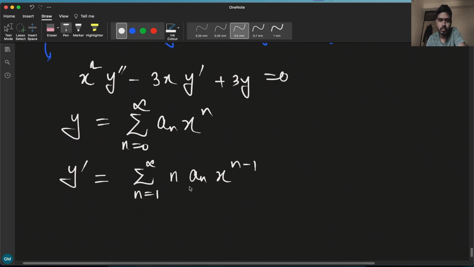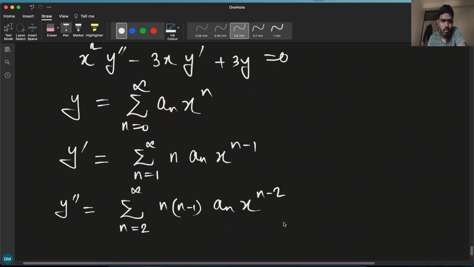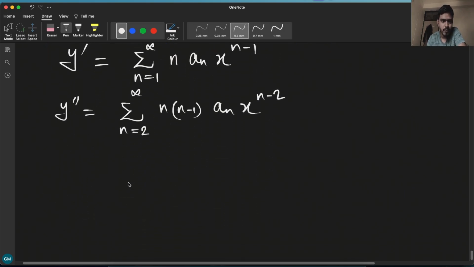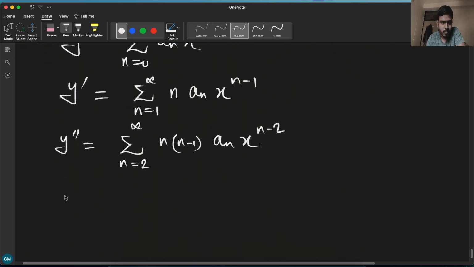Because the 0th term will be 0, and y double dash will be the sum over n equals 2 to infinity n times n minus 1 an x to the power n minus 2. So what we have is basically x squared y double dash, that will be the summation n equals 2 to infinity n times n minus 1 an x to the power n.